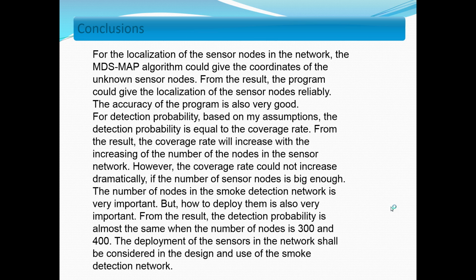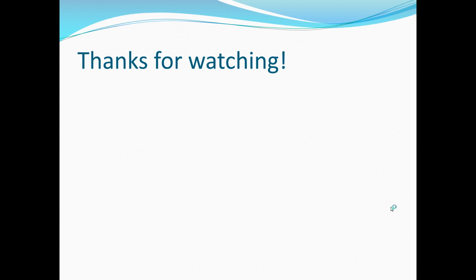However, the coverage rate could not increase dramatically if the number of sensor nodes is big enough. The number of nodes in the smoke detection network is very important, but how to deploy them is also very important. From the result, the detection probability is almost the same when the number of nodes is 300 and 400. The deployment of the sensors shall be considered in the design and use of the smoke detection network. And thanks for watching my PPT.